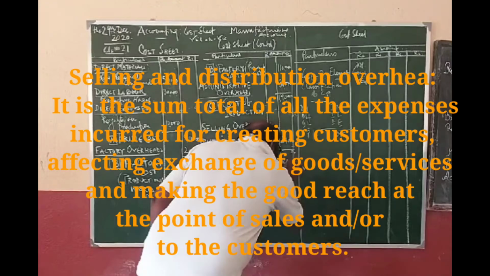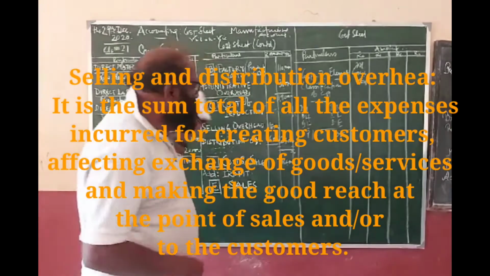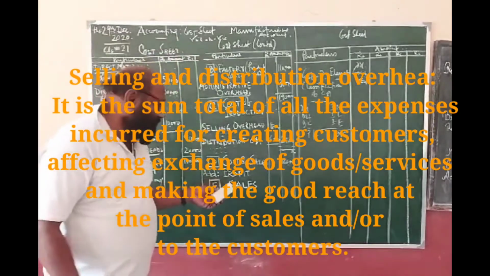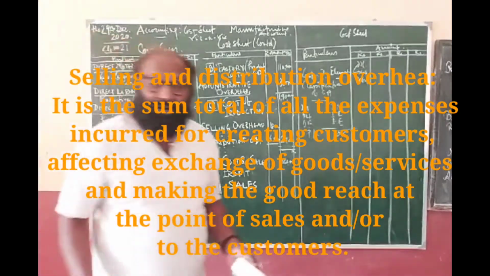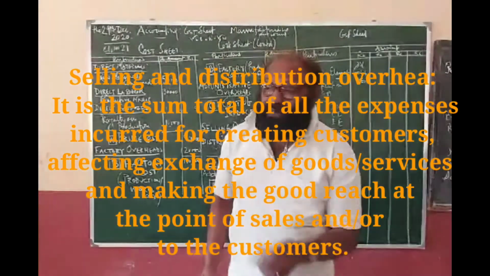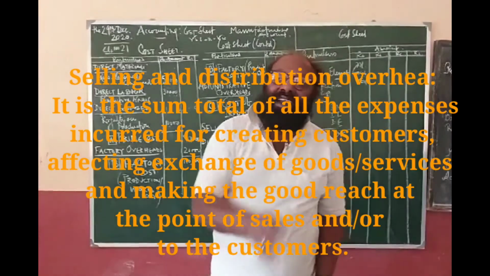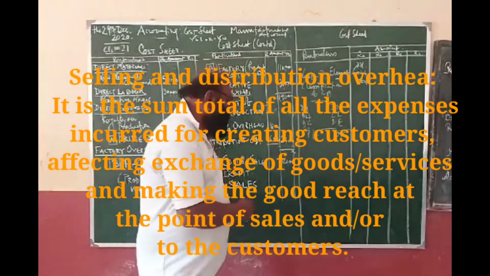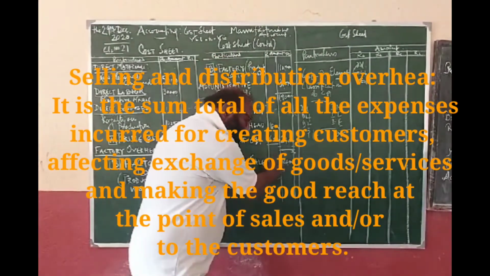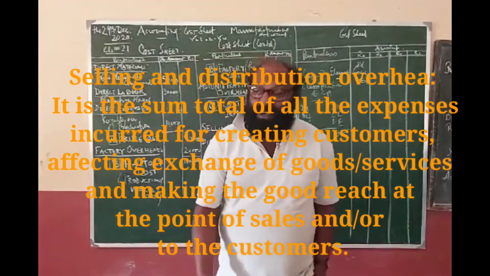So with this imaginary figure, the total goods which have been sold by the organization during this period made you meet expenses amounting to rupees 1,66,000. That is the total cost of your sales.